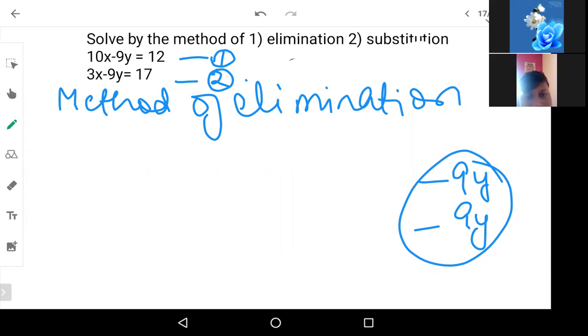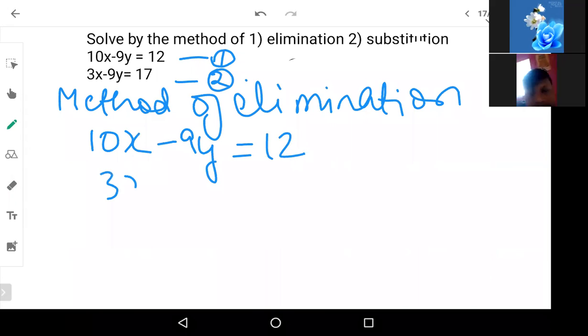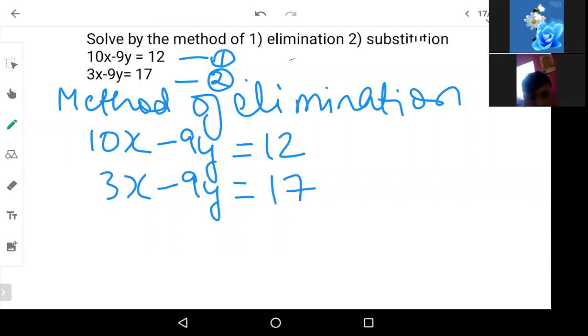So you need not multiply the equations with any other number. Whatever is the equation, you can retain it as it is. So 10x minus 9y is equal to 12. 3x minus 9y is equal to 17.